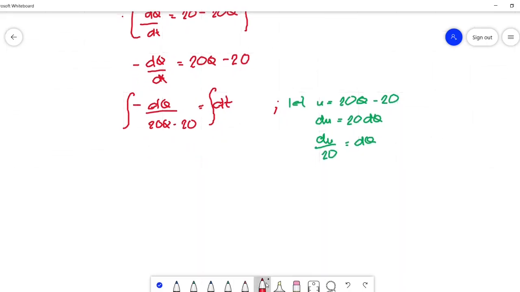So we have, factor out the negative sign, so we have dq left, so we have du over 20, and 20q minus 20 is just u. So what we have left is dt here, and then we can factor out further the 20, so we have 1/20 times du over u equal to the integral of dt, which is just t.